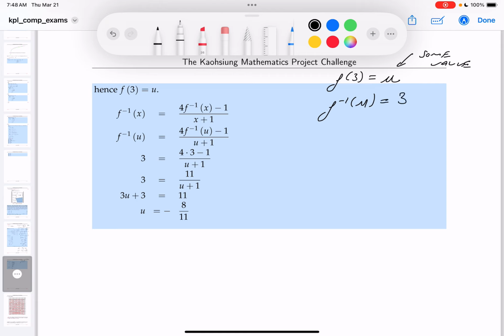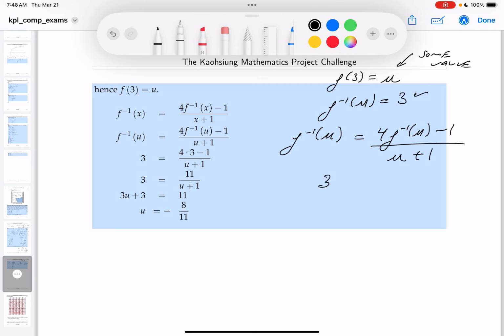So I just take my original equation, and instead of putting x down, I can put u. I'm going to say f inverse of u equals 4 f inverse of u minus 1 over, x is u, right? So u plus 1.